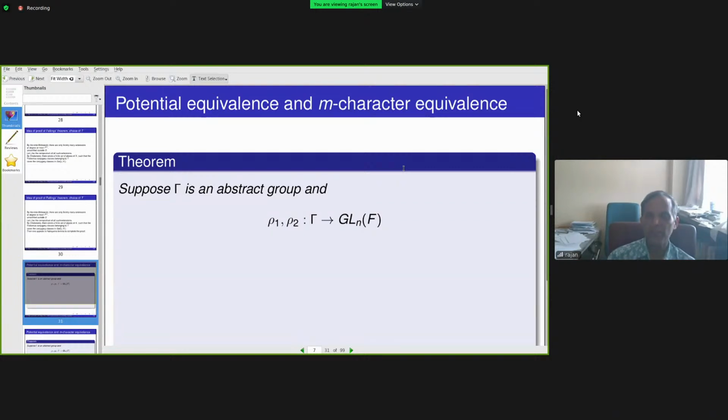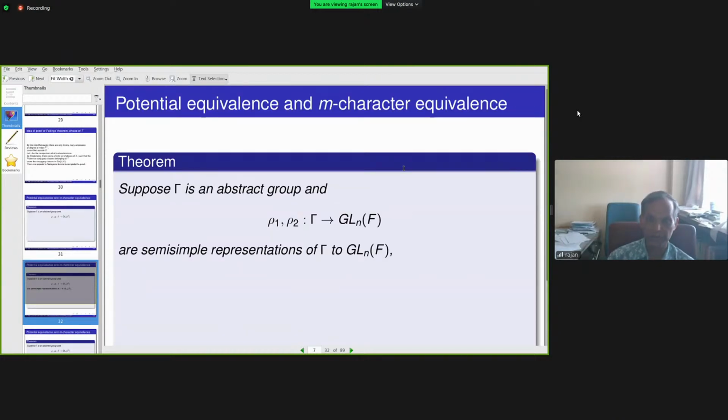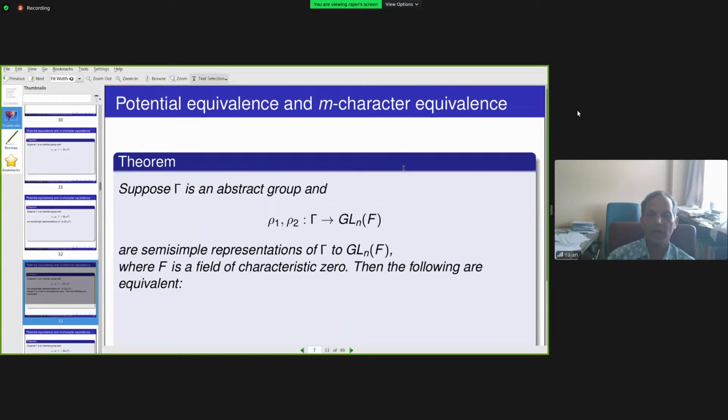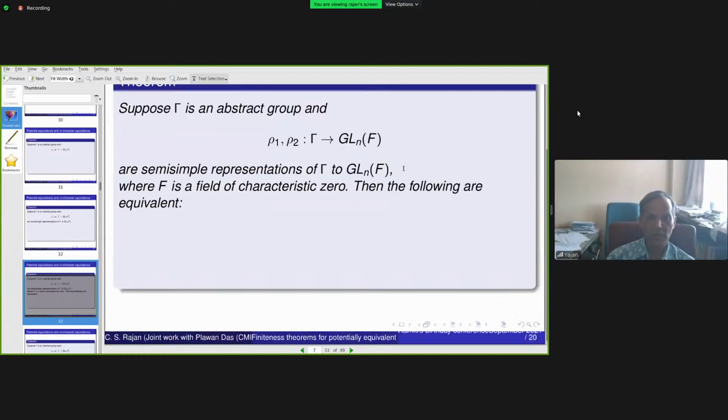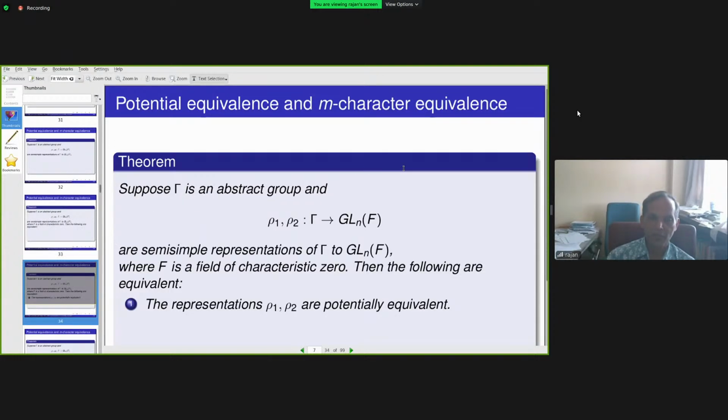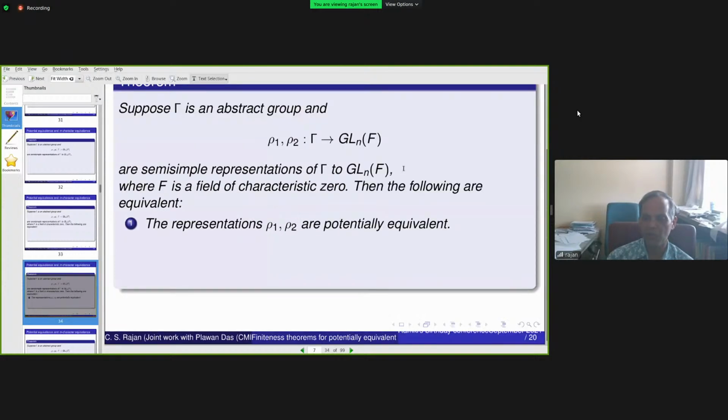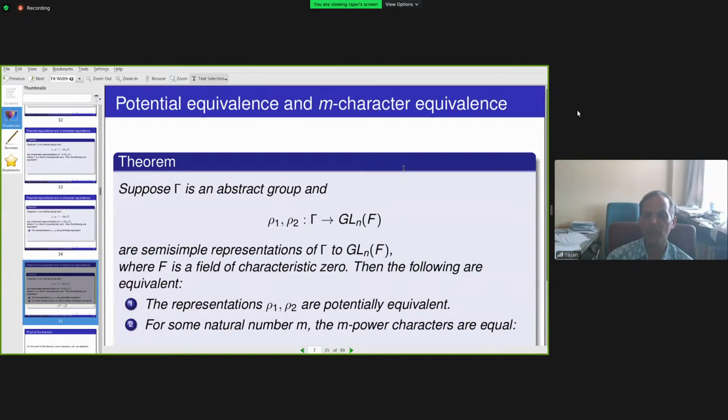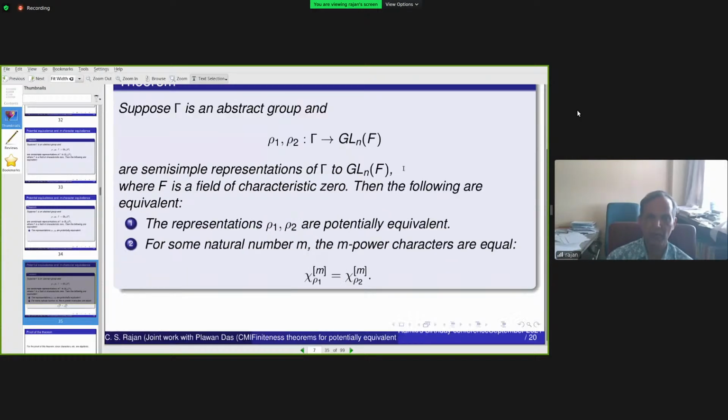So suppose Γ is an abstract group, and ρ1, ρ2 from Γ to GL_N(F) are semi-simple representations of Γ, where F is a field of characteristic 0. Then the following are equivalent. One is that the representations ρ1 and ρ2 are potentially equivalent, and second is there exists some natural number m such that the m-th power characters are equal, that is χ_ρ1^m is equal to χ_ρ2^m.